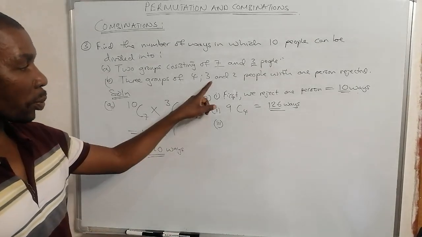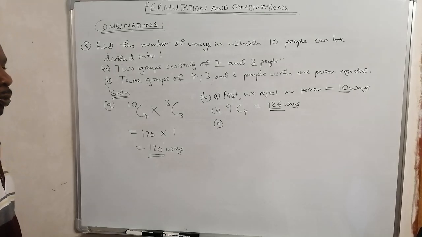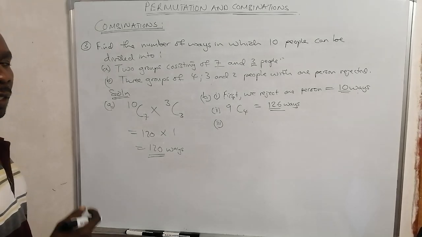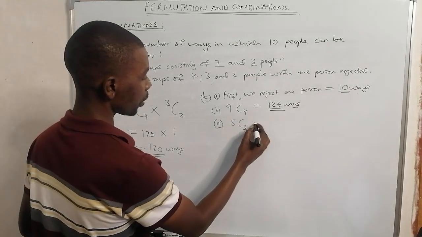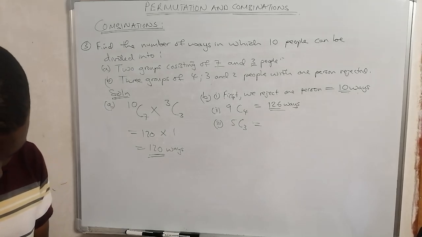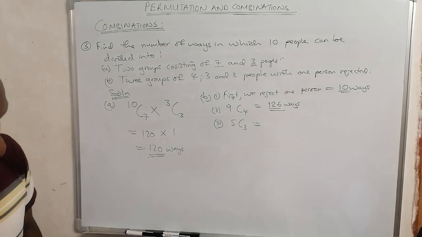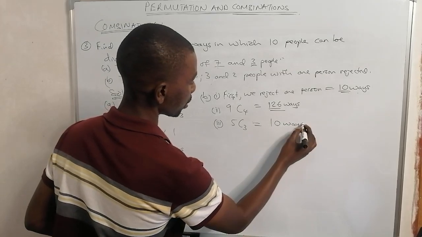Then number 3, 9 minus 4, we remain with 5. We want to make a group of 3 from the remaining 5. This can be done in 5 choose 3 ways, which is 10 ways.